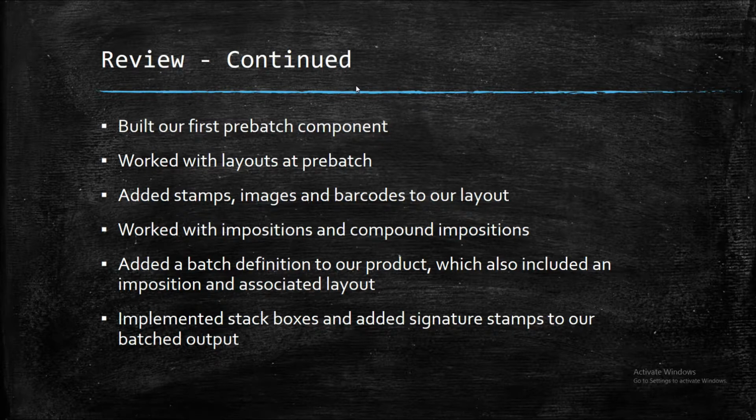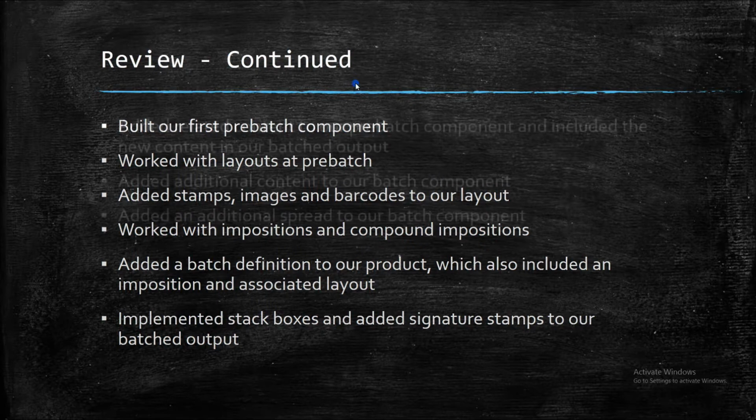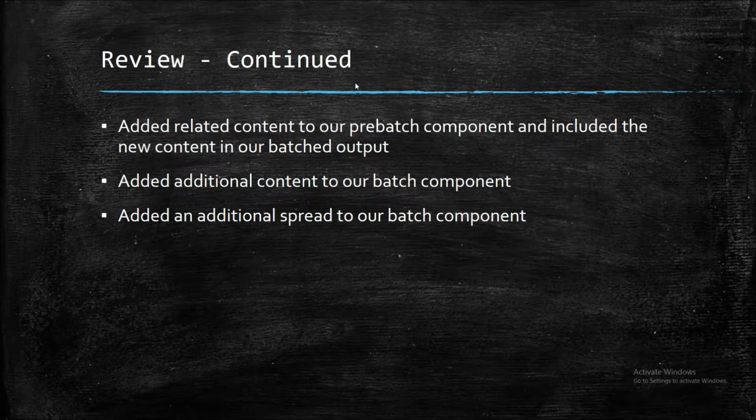And we implemented stack boxes and added signature stamps to our batched output. We also added related content to our pre-batch component and included that new content in our batched output. We added additional content to our batch component. And lastly, we added an additional spread to our batch component.